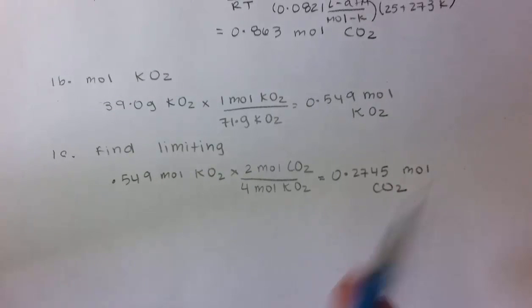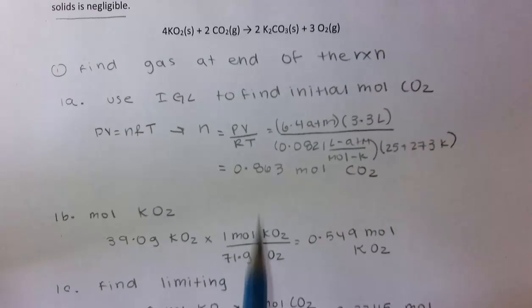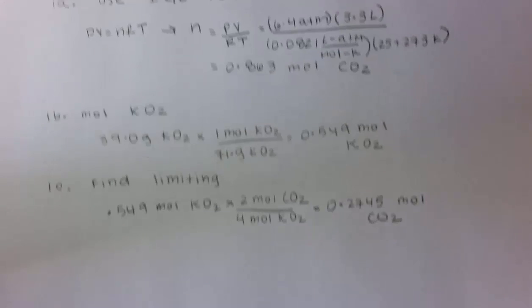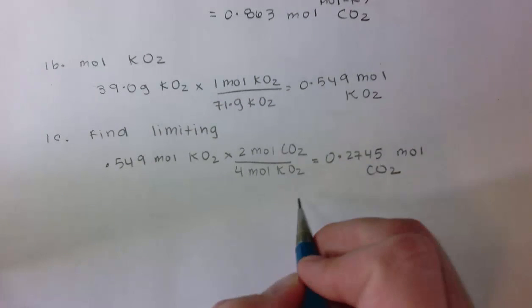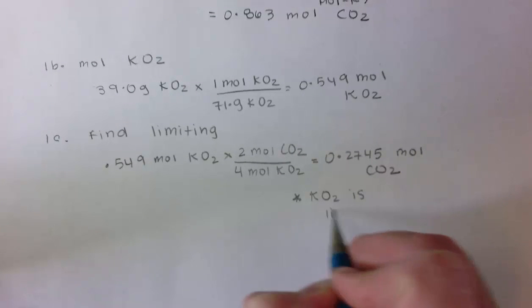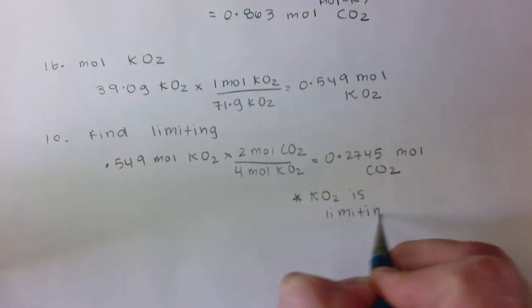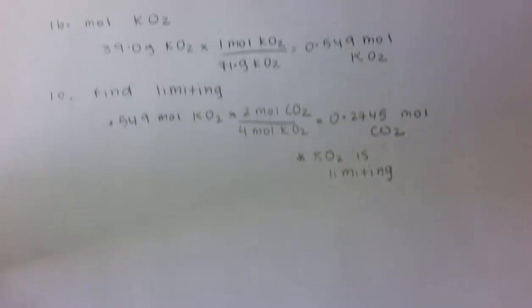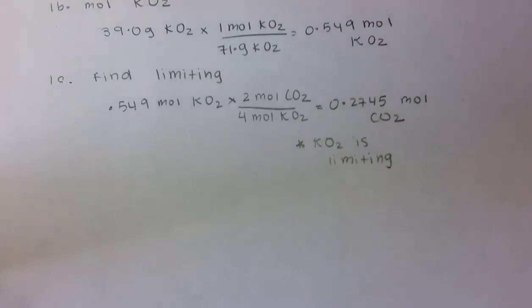Well, we calculated above that we actually have 0.863 moles of carbon dioxide. So we have more than enough. That means that KO2, or potassium superoxide, is limiting. Now that we know that CO2 is in excess, we do have some present at the end of the reaction.